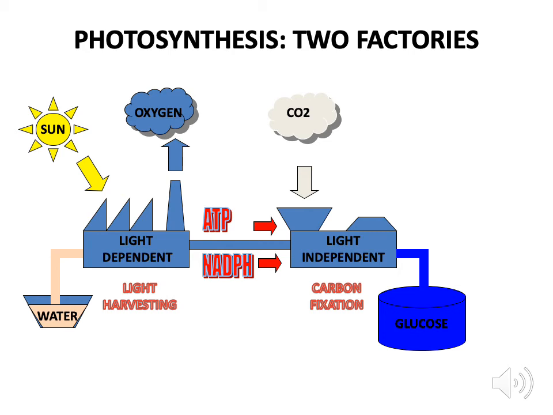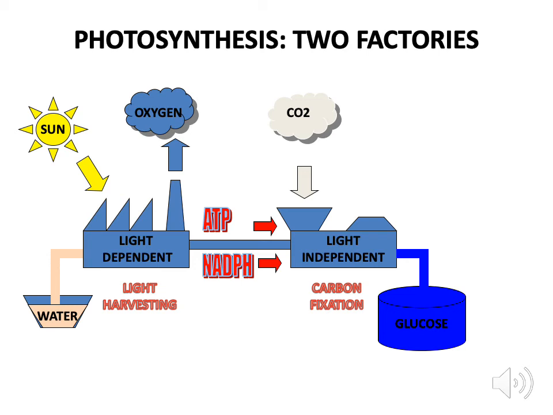Now, this is why we call the second factory's operation carbon fixation. Carbon fixation means I'm going to take carbon atoms from carbon dioxide and put them together one by one to produce glucose.